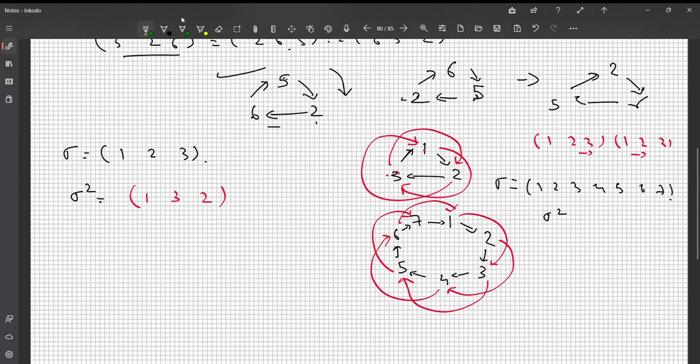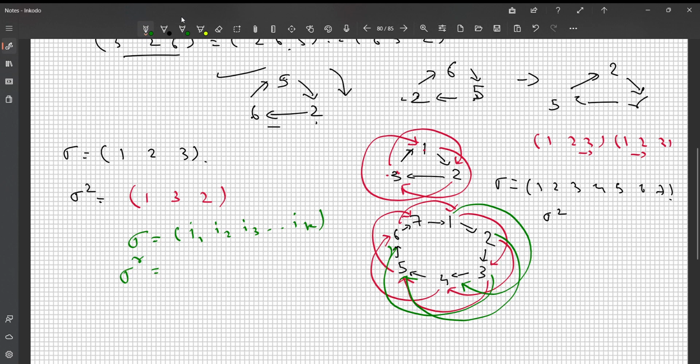Now if you want to find sigma cubed, you will be skipping two elements in between. So 1 goes to 4, 2 goes to 5, 3 goes to 6, and so on, right?